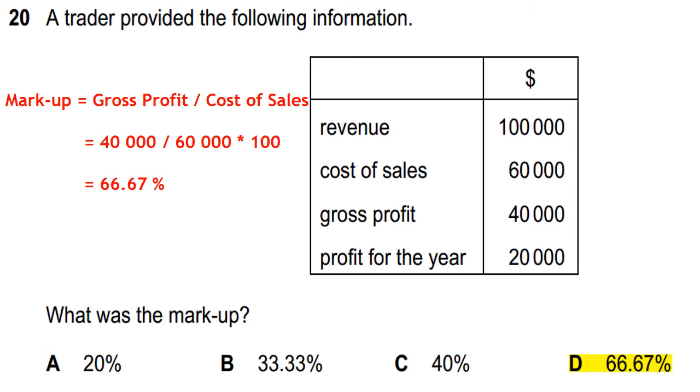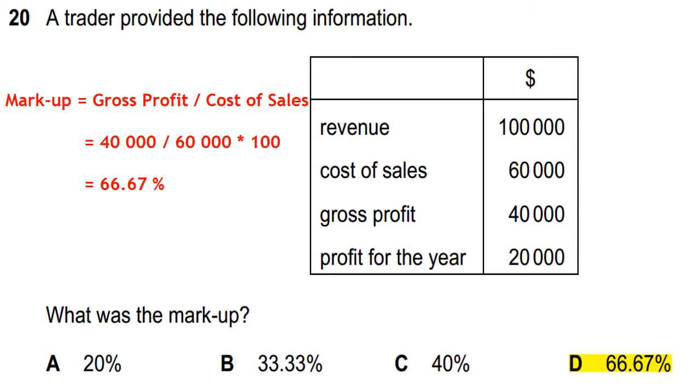And question 20: a trader provided the following information: revenue 100,000, cost of sales 60,000, gross profit 40,000, net profit for the year is 20,000. What was the markup? D option is correct, 66.67%.